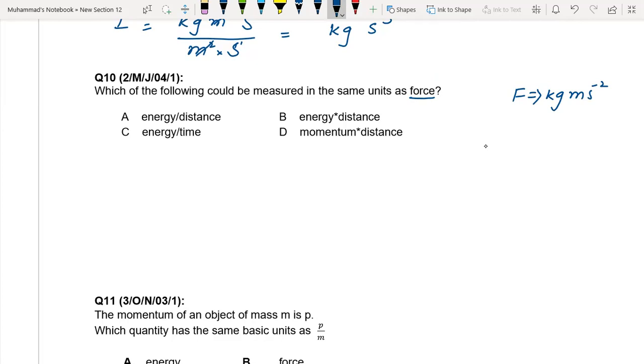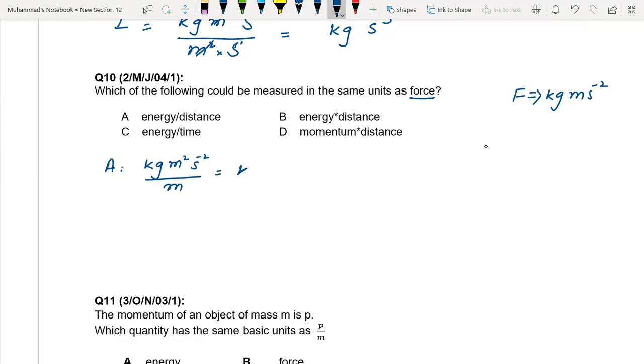Energy over distance. Let us simplify this option. Energy is work done, and work done is kg meter square s minus 2 divided by distance, that is meter.